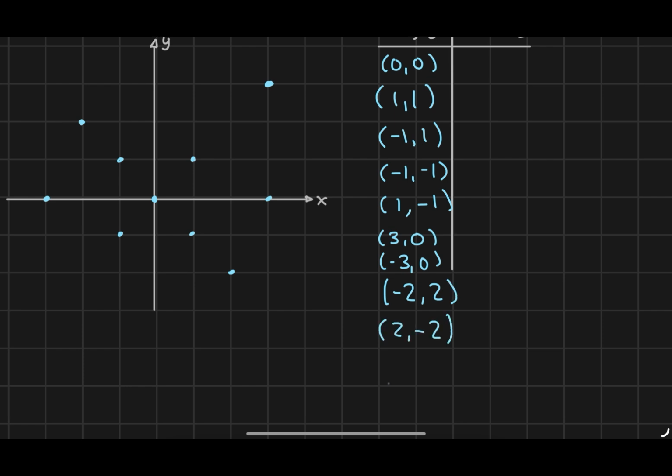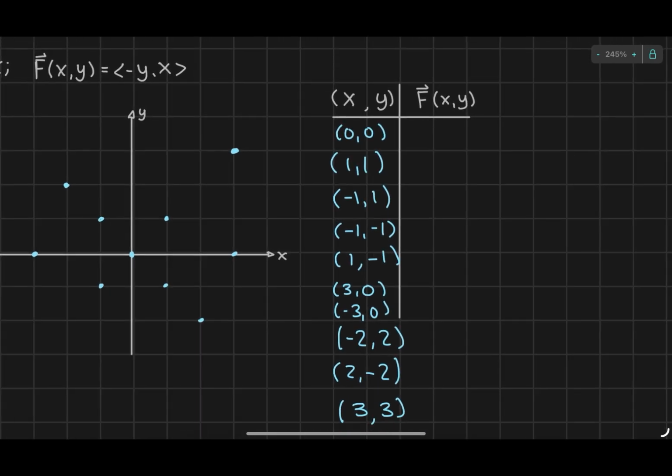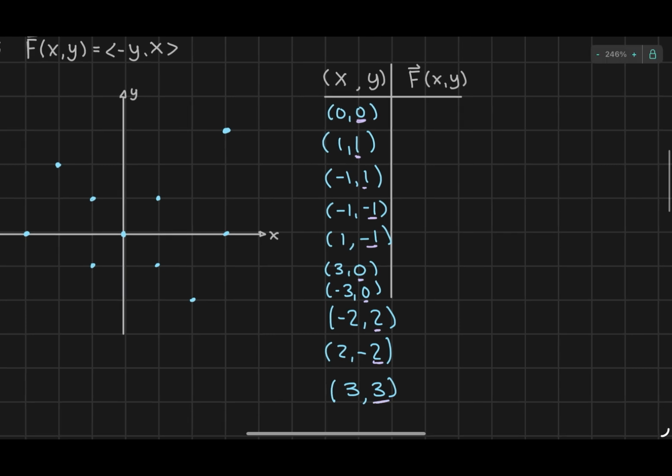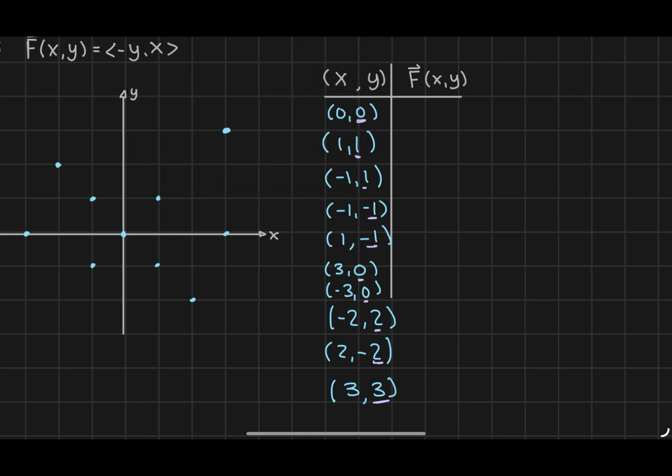And then our one funky point was 3, 3. Okay, same kind of concept here. Let's go ahead and plug in our values. We have the vector function negative y, x, meaning these values right here are going to correlate to the x component. So I'll underline all those in purple, and then we'll do these ones in green. That's going to correlate to the y right here.